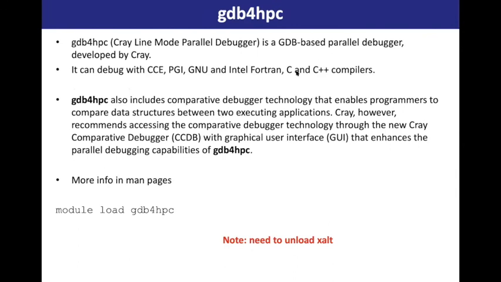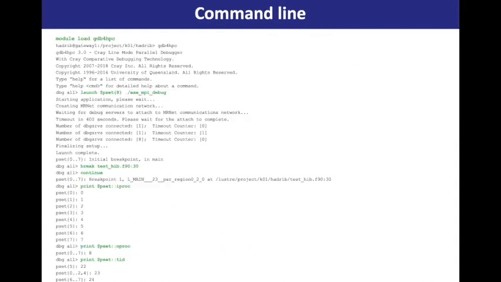Same thing with the debugger. You just load GDB for HPC, and the GDB will find the bottlenecks or the issues if I have a segmentation fault or error. So for example, here I'm launching my application, I load, and then I launch the executable. And here it will tell me where I have the issues, and I can see what the value of this data is.